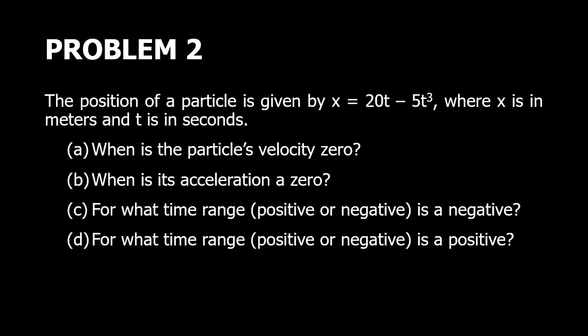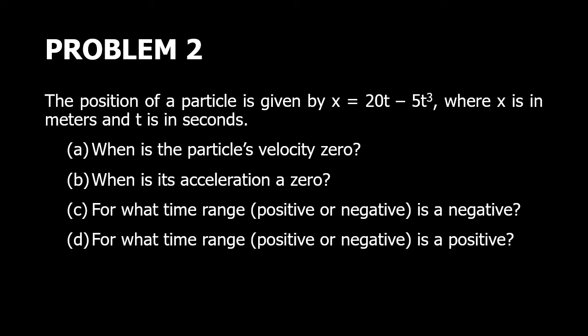Next, problem number 2. The position of a particle is given by x = 20t - 5t³, where x is in meters and t is in seconds. For letter A, we are looking for when the particle's velocity is 0.